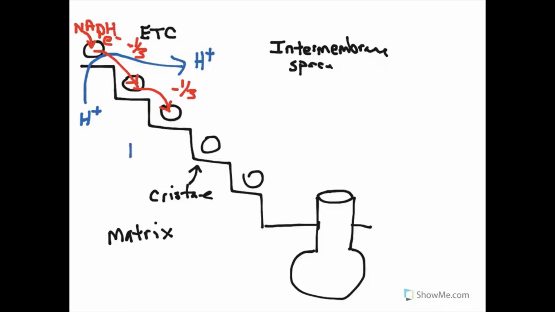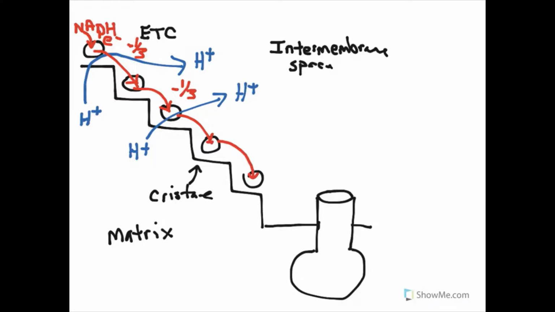So let's say I've got a lot of hydrogens down here in the matrix. This can pump them up here. There's still some energy left in this electron, so the next one, cytochrome C, will come in and move this electron.